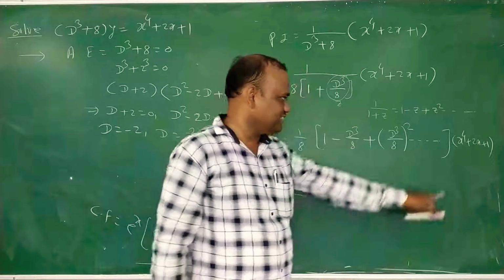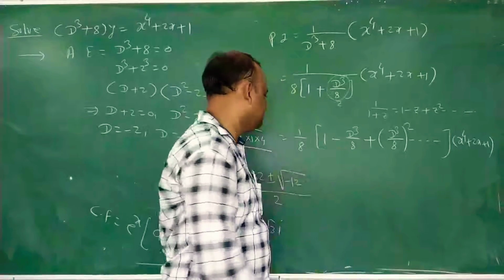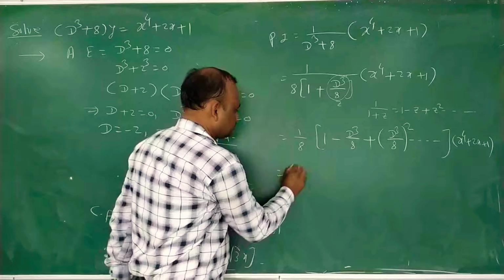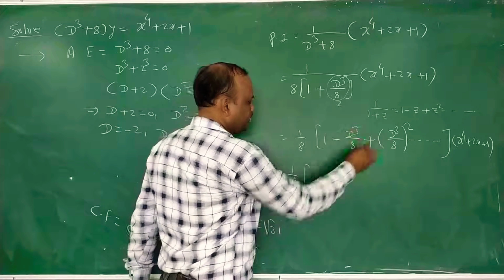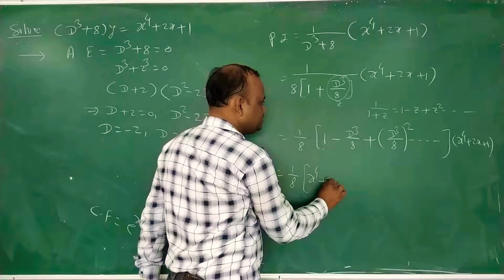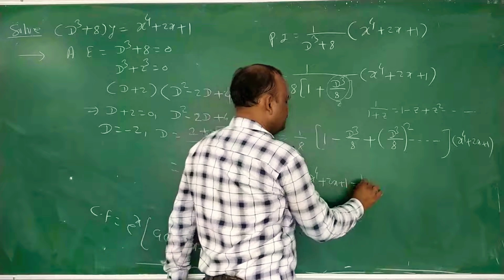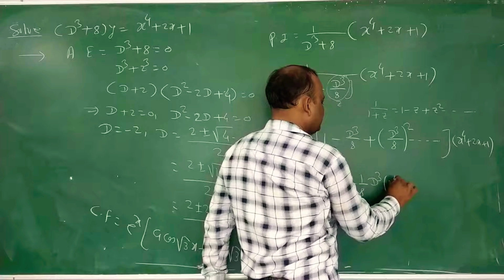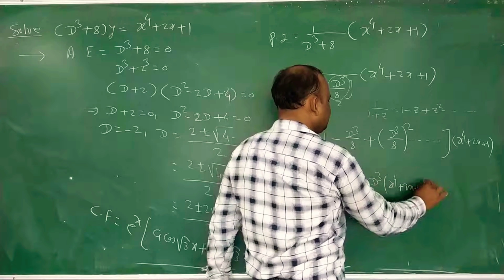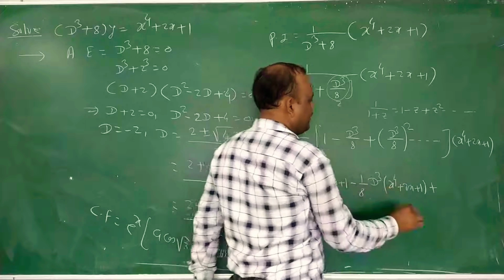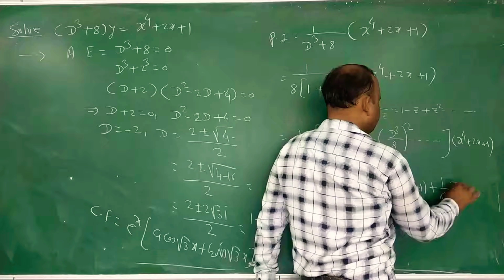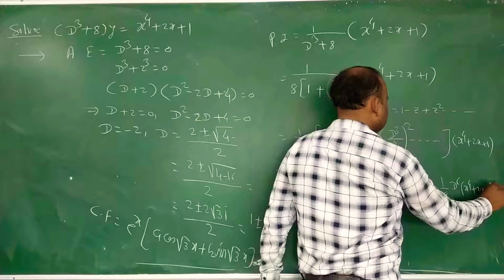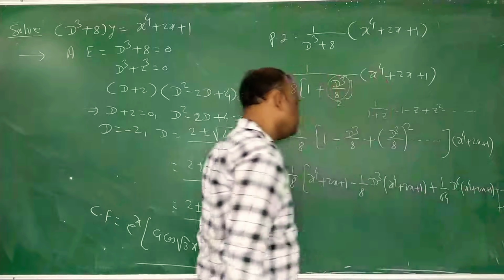Now operate this x raised to 4 plus 2x plus 1 term by term inside this bracket. So this is equal to 1 by 8 into x raised to 4 plus 2x plus 1, minus 1 by 8 into D cube of x raised to 4 plus 2x plus 1, and plus 1 by 64 into D to the power 6 of x raised to 4 plus 2x plus 1, plus so on.